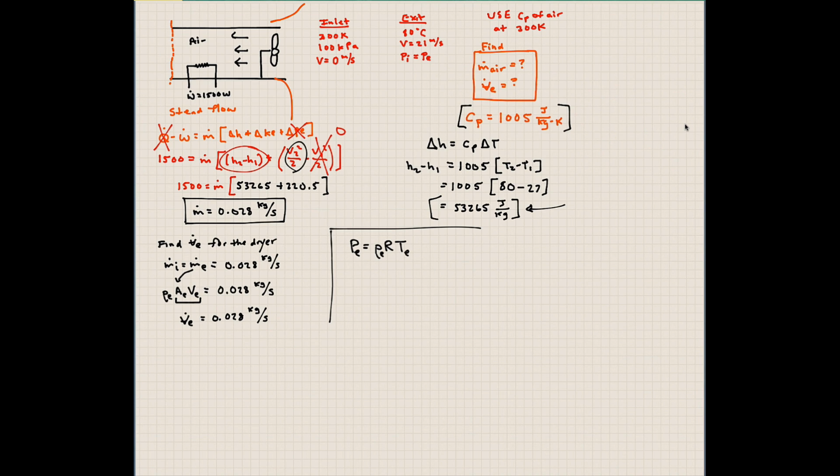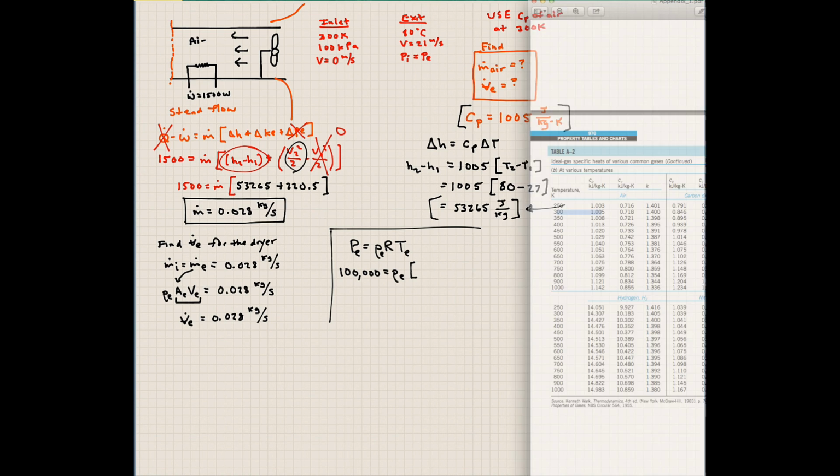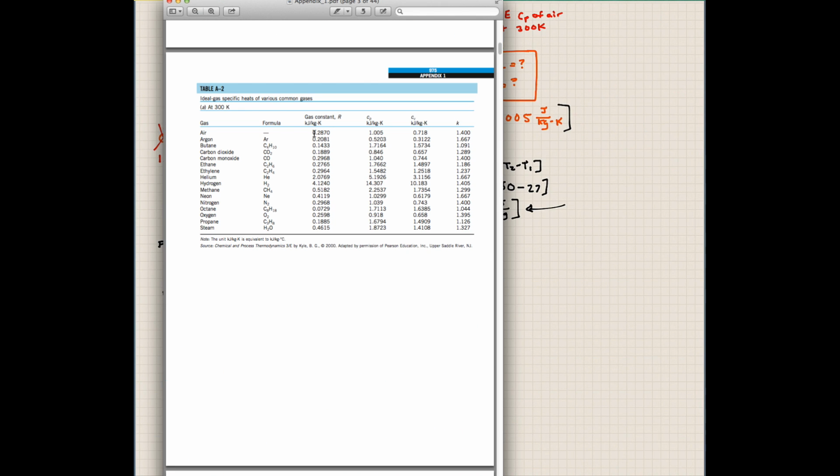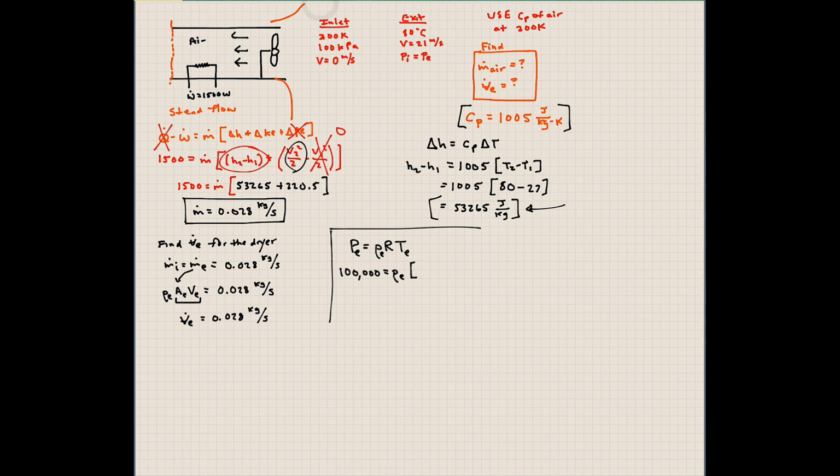So the pressure at the exit, we already talked about, is 100,000 pascals. Density at the exit, we don't know. R value for air, we can calculate it, or we can just go to our table and look it up. Here, the gas constant for air is 287 joules per kilogram Kelvin. So I'll write that here. And our exit temperature is 80 plus 273. It is important to write absolute units for this equation.